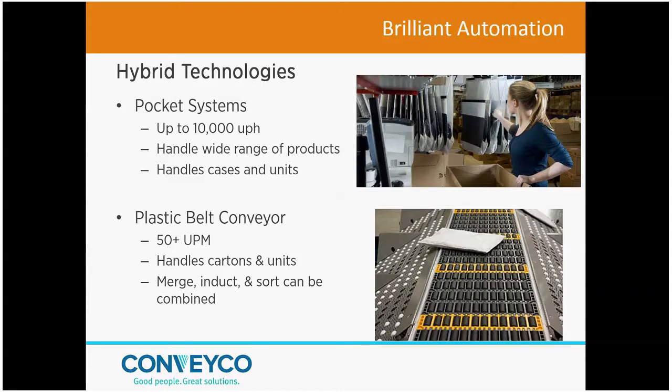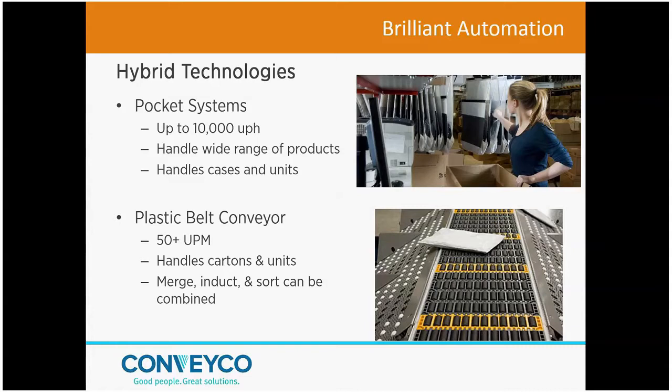Then there's the hybrid systems. What we mean by hybrid is most of them have been developed in the last 5, 8 years. Something like the pocket system. The pocket systems use overhead garment handling technology with a pouch or a pocket hanging from them.